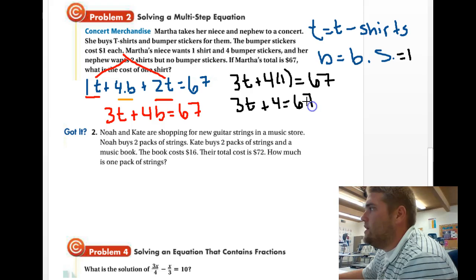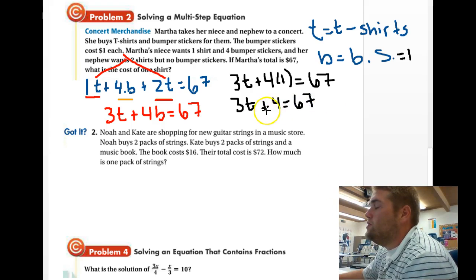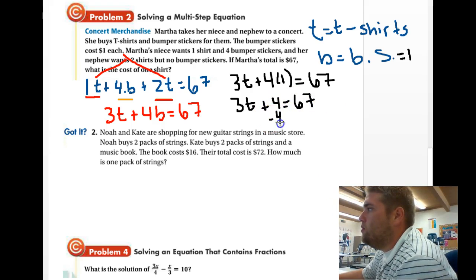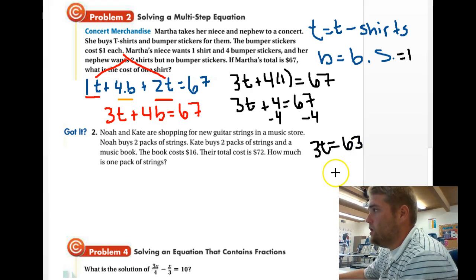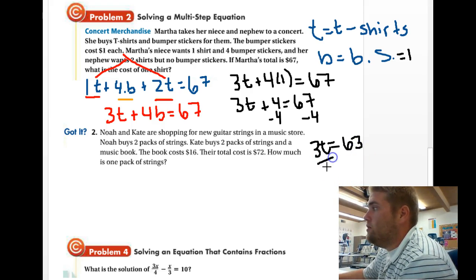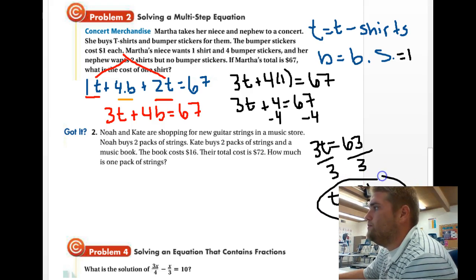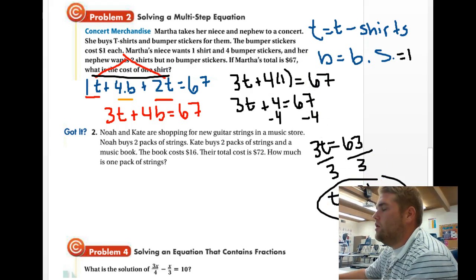So 3t plus 4 equals 67. The opposite of adding 4 is subtracting 4. So 3t equals $63. Opposite of multiplying by 3 is dividing by 3. So t equals $21. And that's what it asks: what's the cost of one shirt? T for t-shirt is $21.